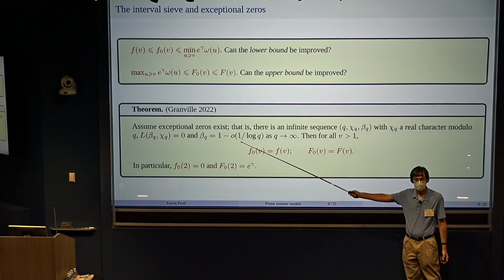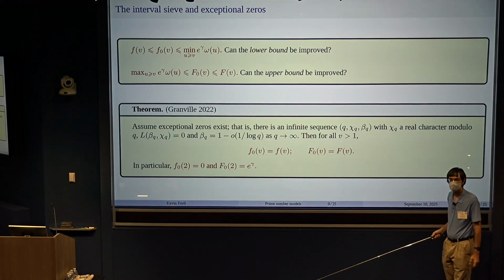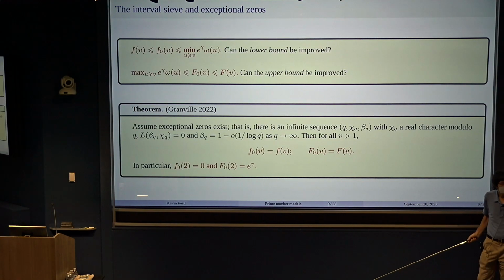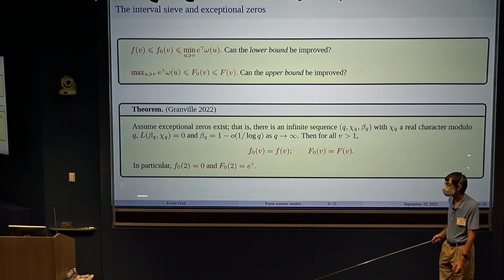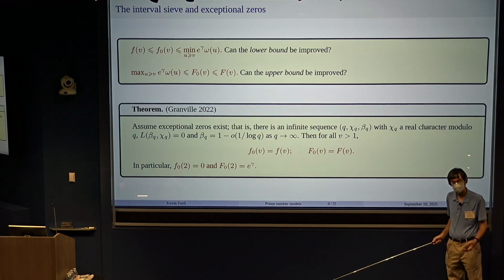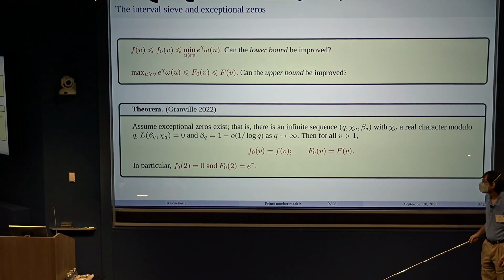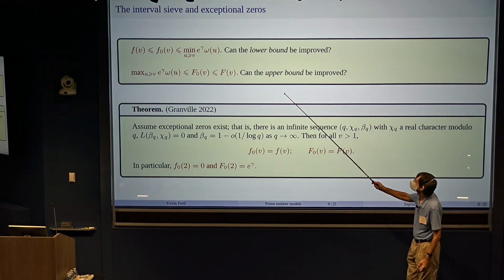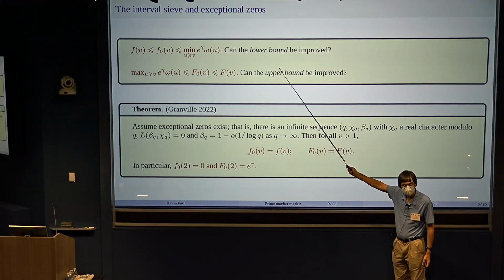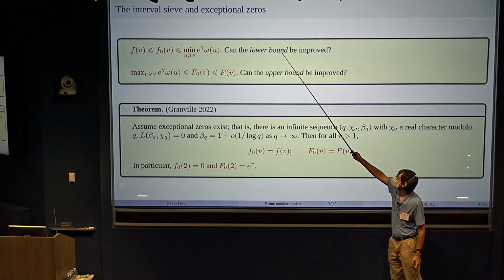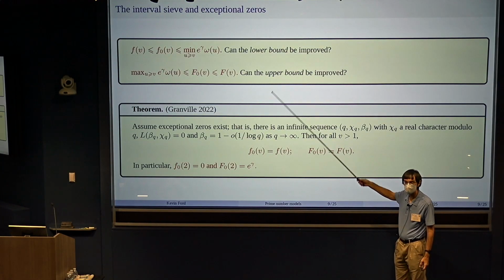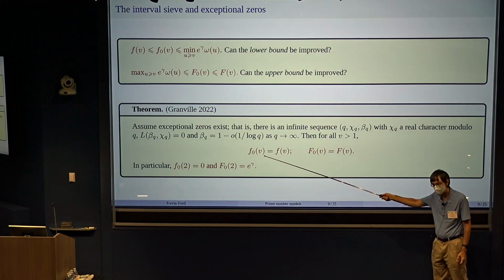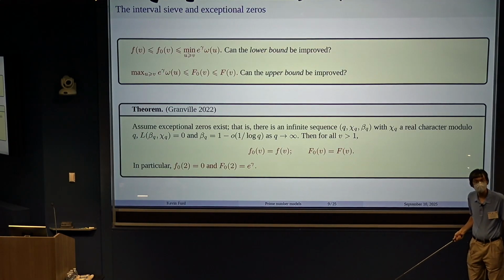But such zeros, well, I think the common belief is that they don't exist. But it's been a notoriously difficult problem to prove that they don't exist. On the other hand, what this is really saying is that to answer any of these two questions here, to make any improvement on the lower bound here or the upper bound here, one has to first prove that the exceptional zeros don't exist.